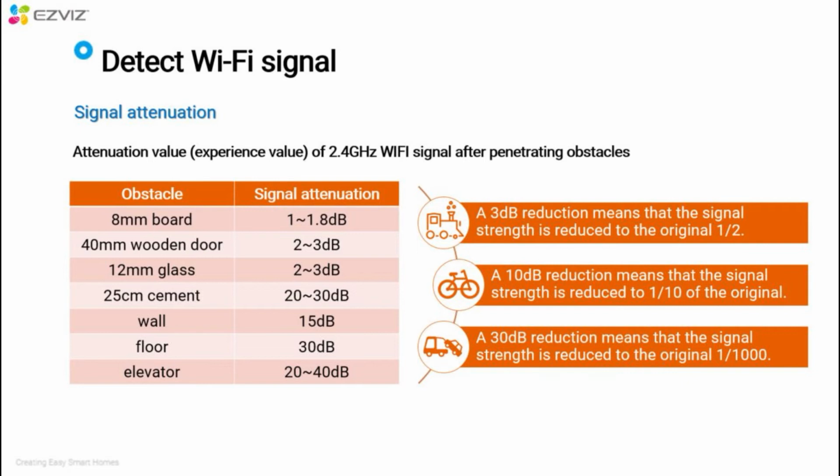And about the 25 centimeter segment wall, it will cause a 20 to 30 dB reduction. And the normal wall will cause a 15 dB reduction. And a floor will cause a 30 dB reduction. And the elevator will cause a 20 to 40 dB reduction.